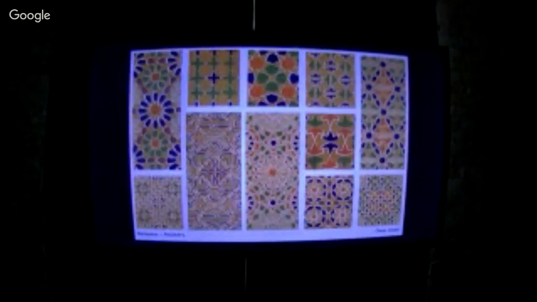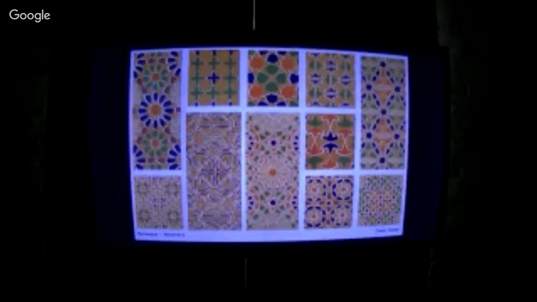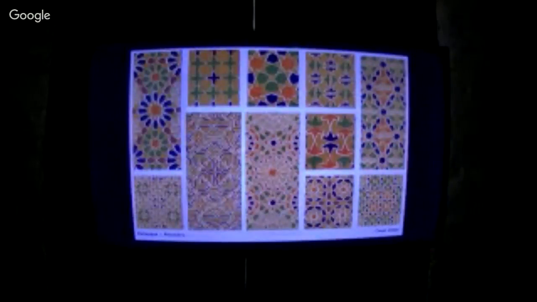Owen Jones puts these ornaments from Spain, from the Alhambra. You know the Alhambra in Granada? This is the Arabic area in Spain, Andalusia.